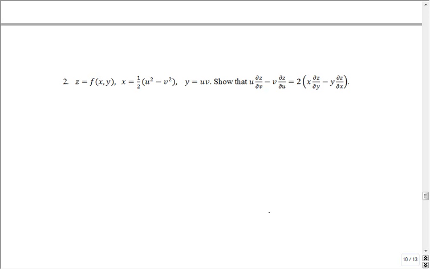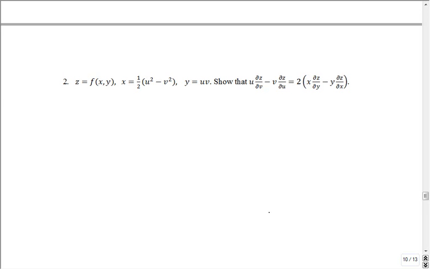They just told you it's a function of x and y. And here's the proof. You need to show that u times partial z with respect to v minus v times partial z with respect to u is 2 times x partial z with respect to y minus y times partial z with respect to x.